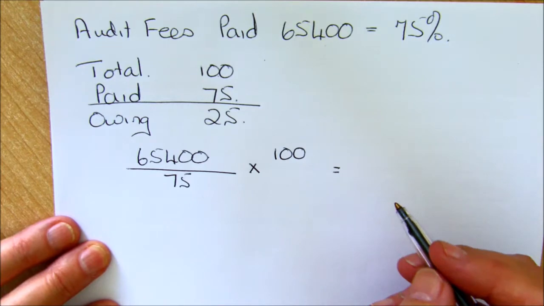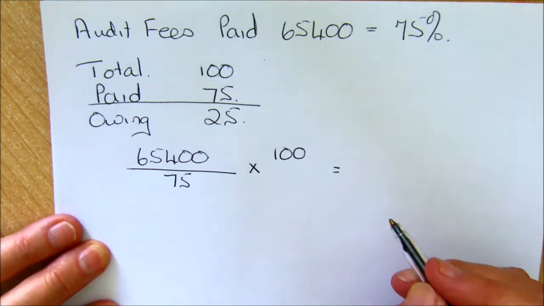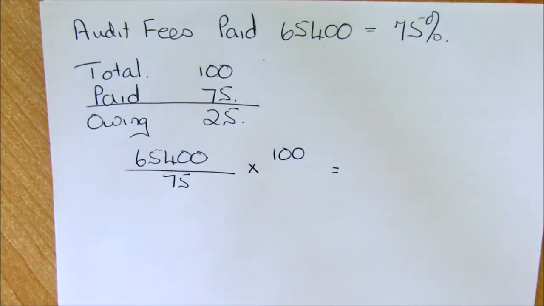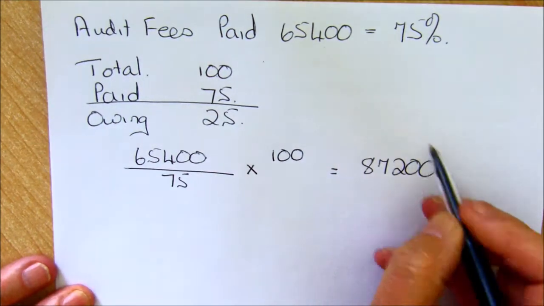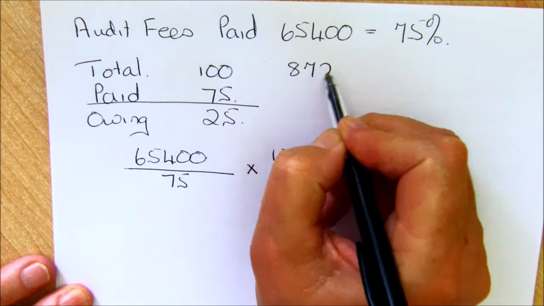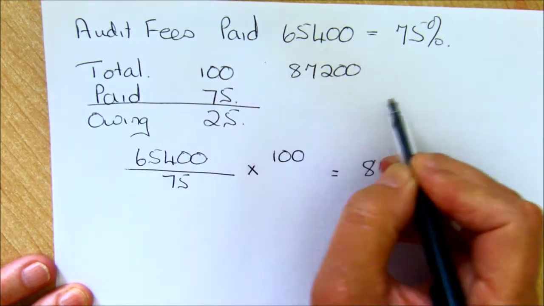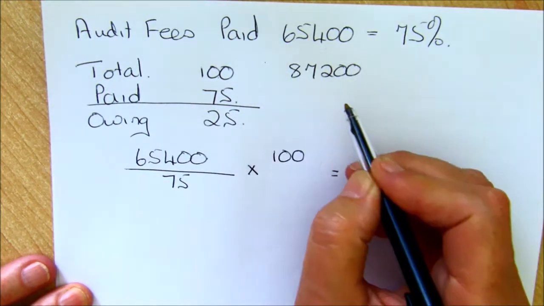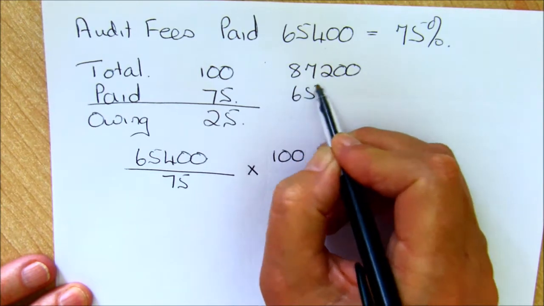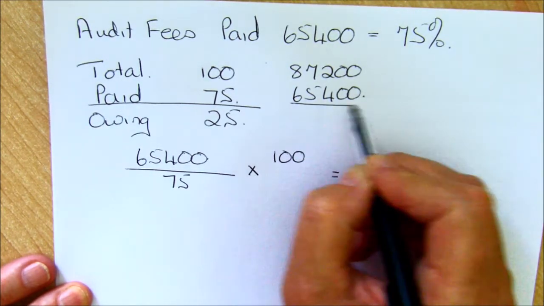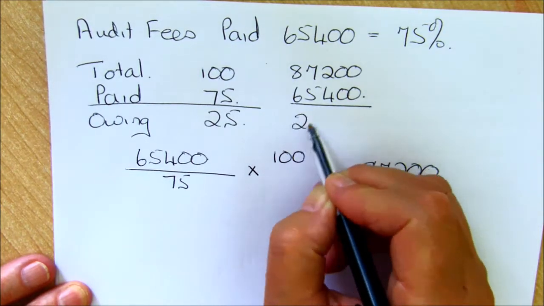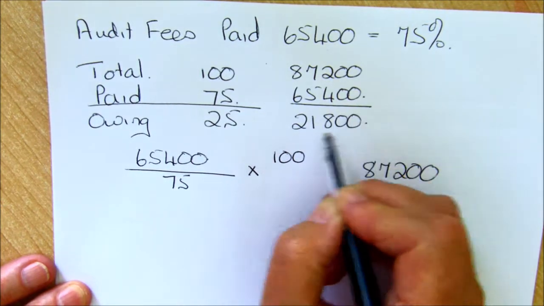So in this particular case, it came out to an amount of 87,200. Now that is the full amount, the total amount. They have paid 65,400, which was 75%, and therefore the amount that's still owing is 21,800.